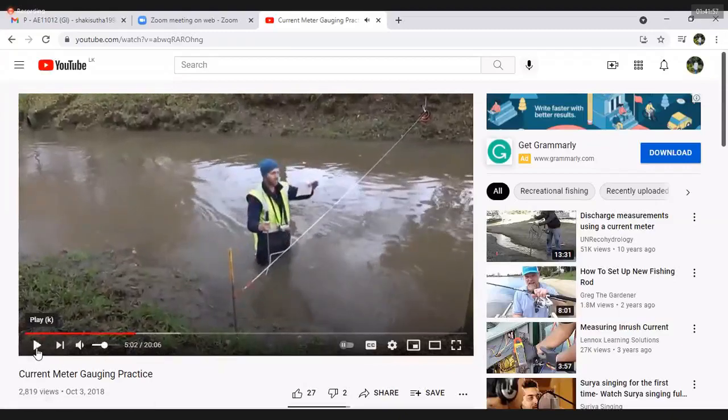So he has already selected the gauging site. Then he will measure the total width of this channel. He already attached two rods here and tied his measuring tape permanently here. Why?